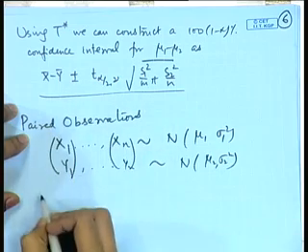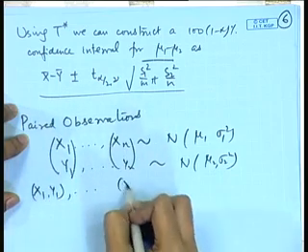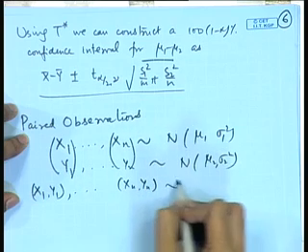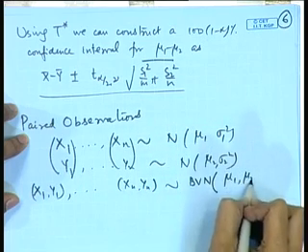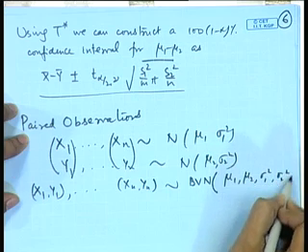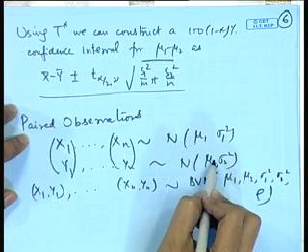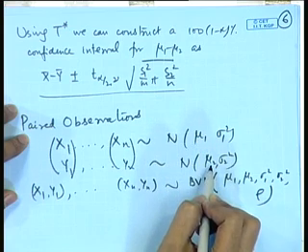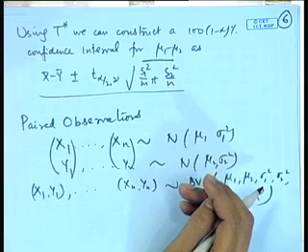So, basically the model becomes that x 1 y 1, x 2 y 2, x n y n have some sort of bivariate normal distribution with parameters mu 1, mu 2, sigma 1 square, sigma 2 square and some correlation coefficient rho may be there. Once again we are interested in the interval for mu 1 minus mu 2, that is we want to look at the difference in the average effectiveness etcetera.